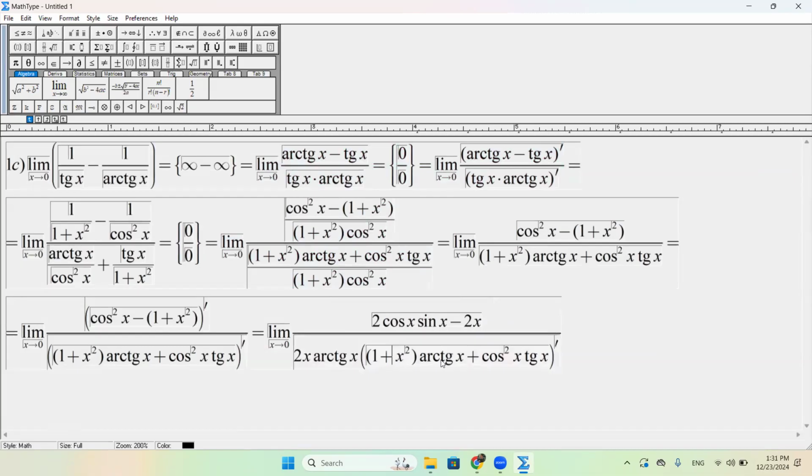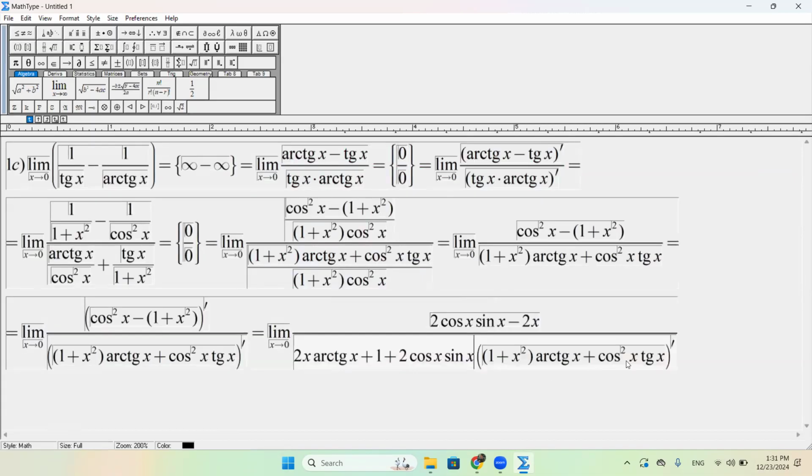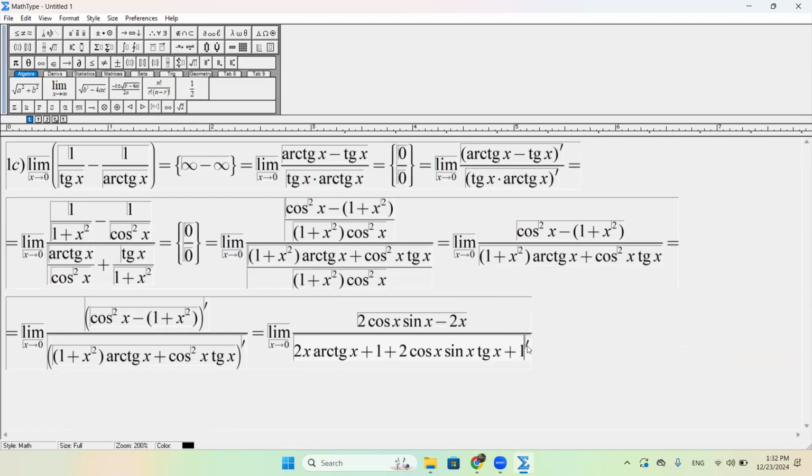If we differentiate arctangent and multiply by this, we will just receive 1. So now 2 cosine of x multiplied by sine of x and multiplied by tangent. And if we differentiate tangent, we will receive 1 divided by cosine square of x. So plus 1. So done with the denominator.